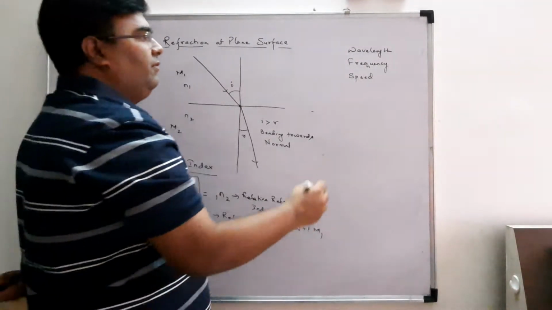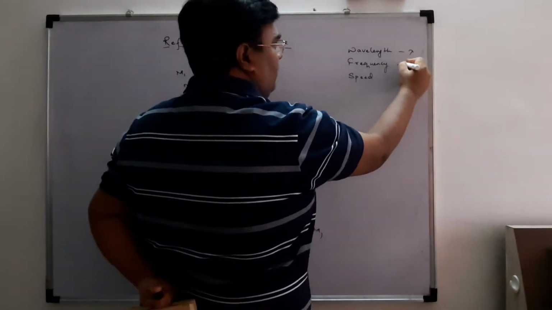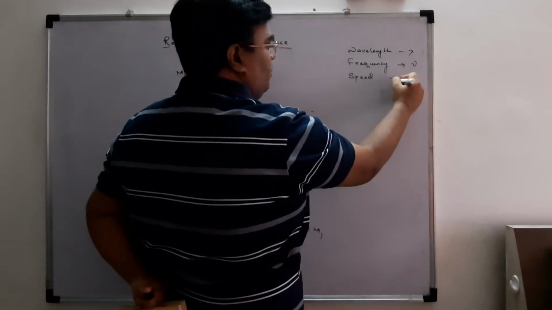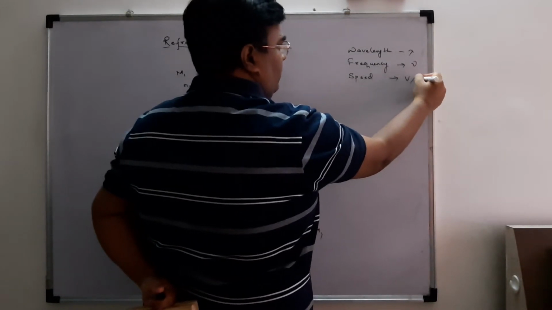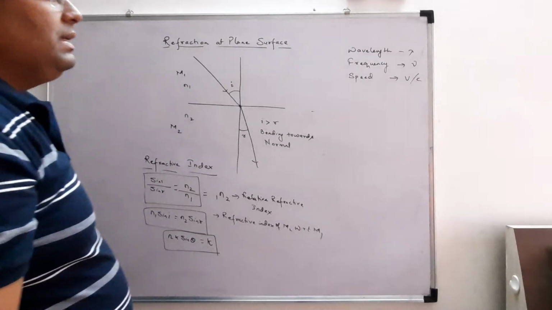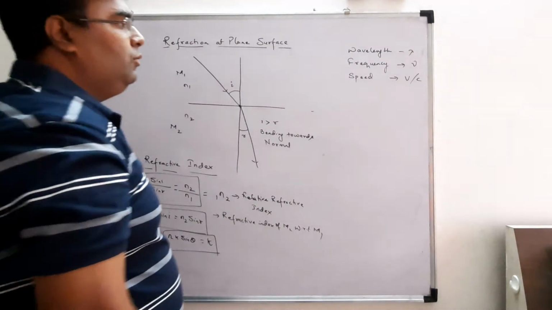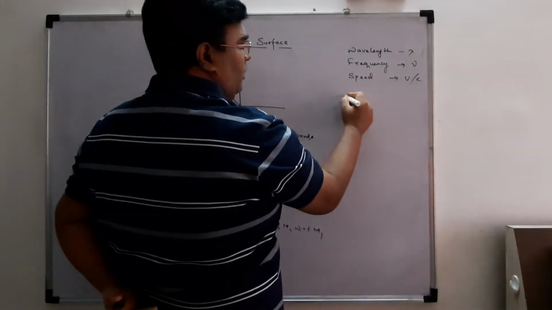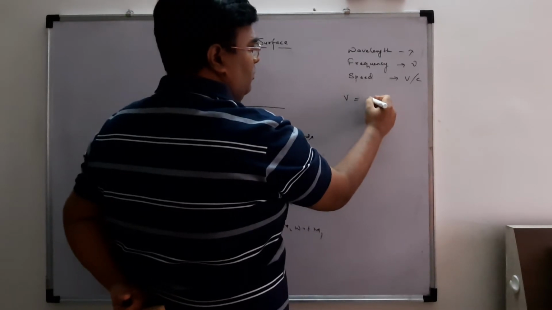Wavelength lambda, frequency mu, speed v, or in case of air it is c. And one more thing, we know the formula v is equal to mu lambda.